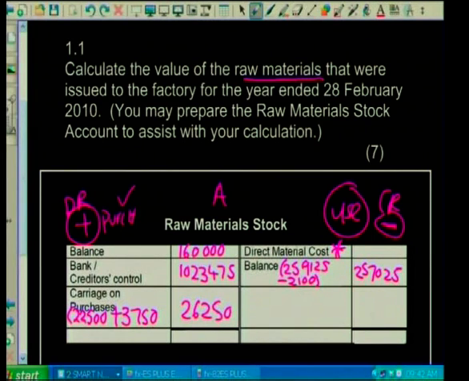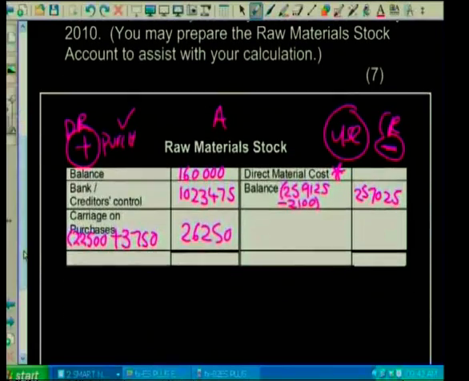Right, guys, almost at the end of this question. Let's now look at our direct material cost, how we're going to calculate our direct material cost. The best part about T accounts is if you've got a balance brought down, an opening balance, as well as a balance carried down, it means that our debits must equal our credits. Something that you learnt when you did accounting in grade 8 or whether you did it in grade 10.